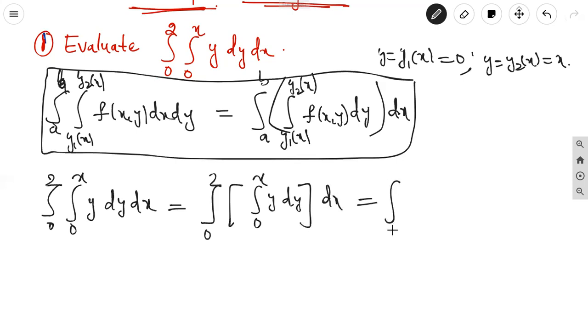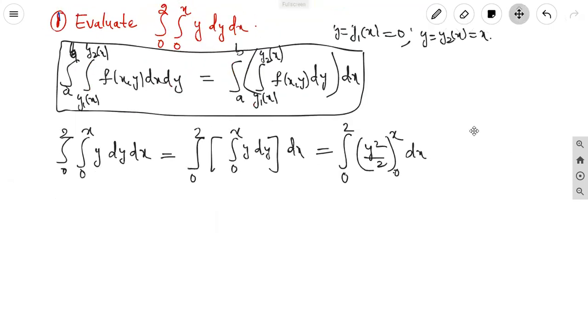It is equal to integral 0 to 2, the integration of y is y square by 2, limits from 0 to x, dx. It is equal to integral 0 to 2, upper limit is x, x square by 2, minus lower limit 0 square by 2, into dx. 0 by something is 0.